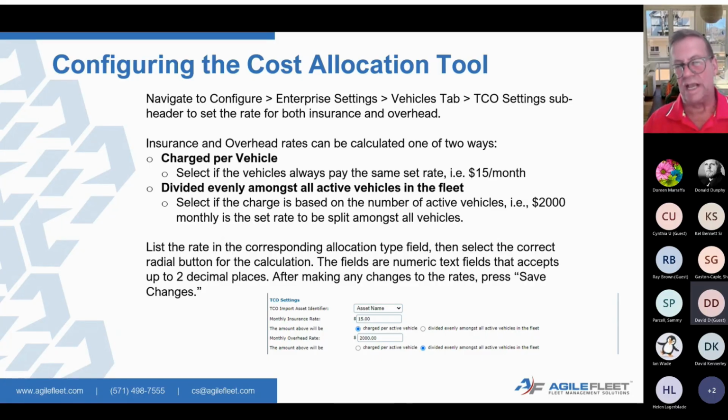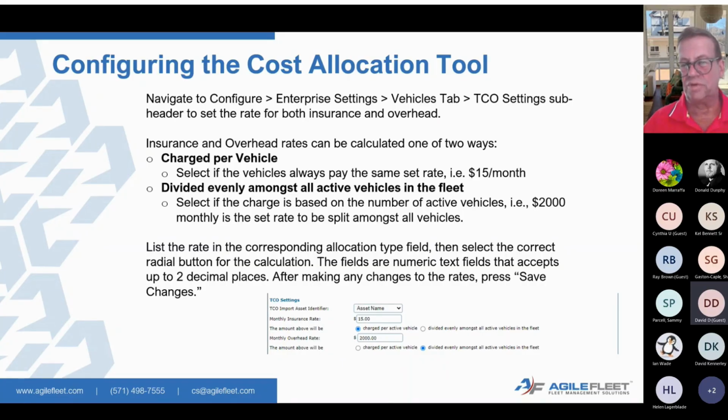And you can mix and match as the example here shows, where we want to charge the asset name. We're going to charge a monthly insurance of $15 a month per active vehicle. And then we've got a monthly overhead rate of $2,000, and it's going to be divided equally among all active vehicles. So it gives you a little bit of flexibility to do it in a number of different manners.